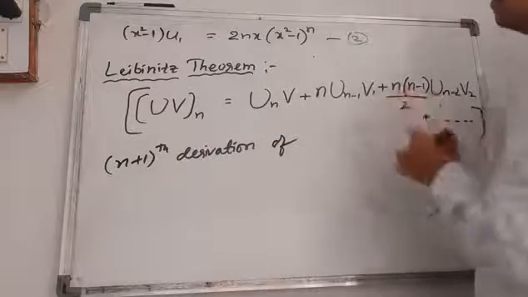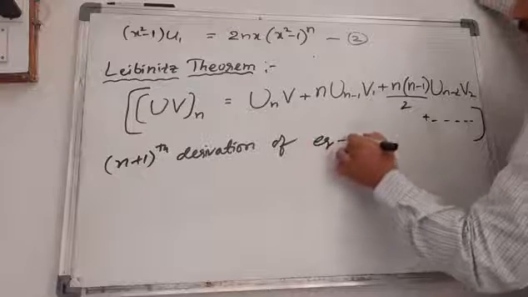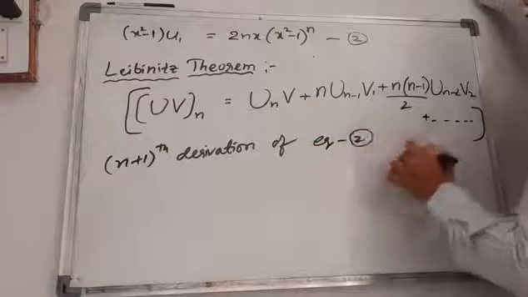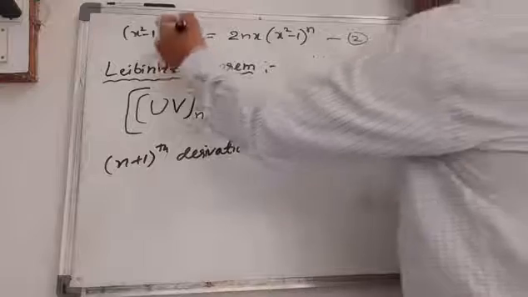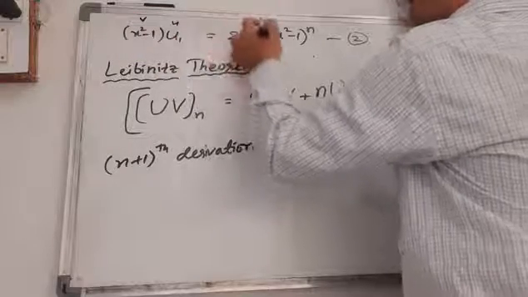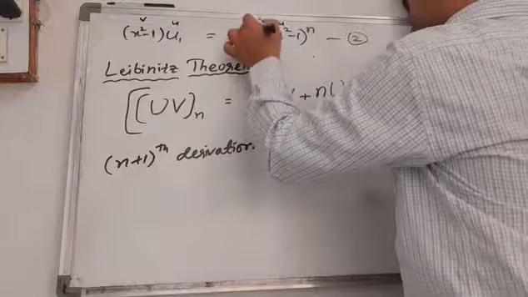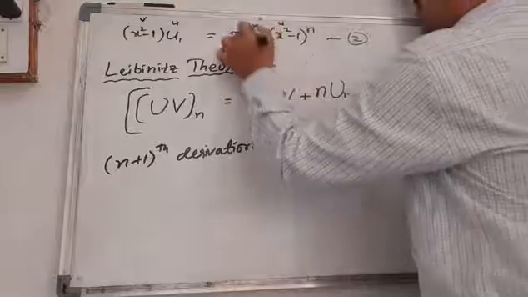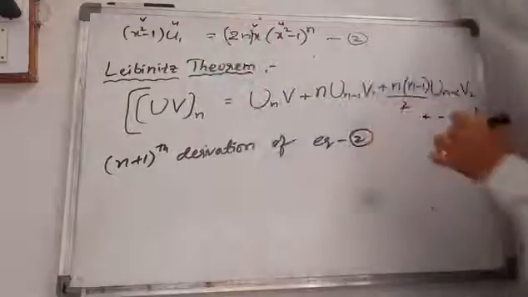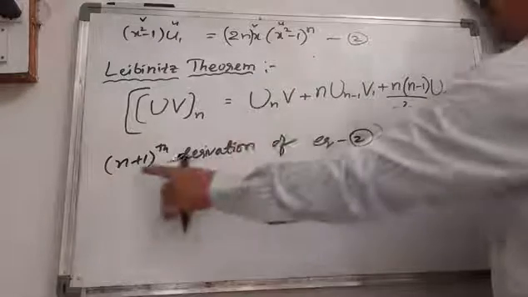This is equation 2, n plus 1th derivation of equation 2. What we get then? So first I am taking this as a u function and this as a v function, and similarly I want to take this one as a u function and this one as a v function. x is a v function and this is a constant. That's a constant term. So now n plus 1th derivation I want to do.